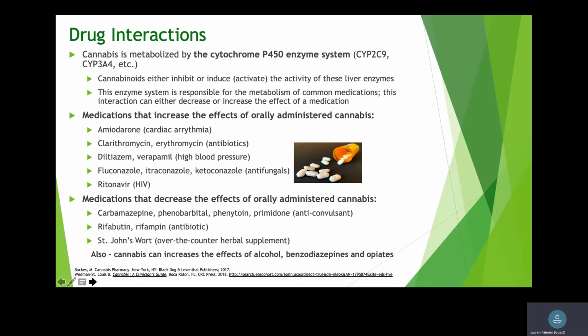This interaction can either decrease or increase the effect of a medication. So on this slide, I have listed medications that increase the effects of orally administered cannabis, and also medications that decrease the effects of orally administered cannabis. Also, it's important to note that cannabis can increase the effects of alcohol, benzodiazepines, and opiates. So use with these substances should be avoided.